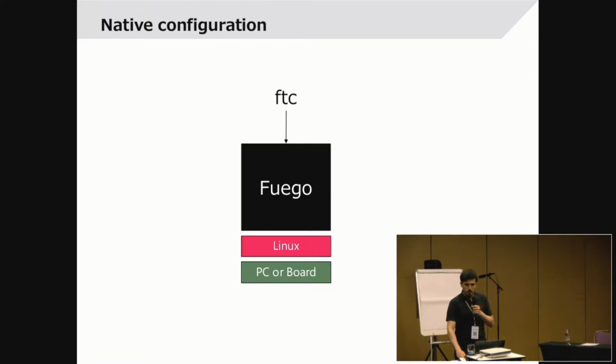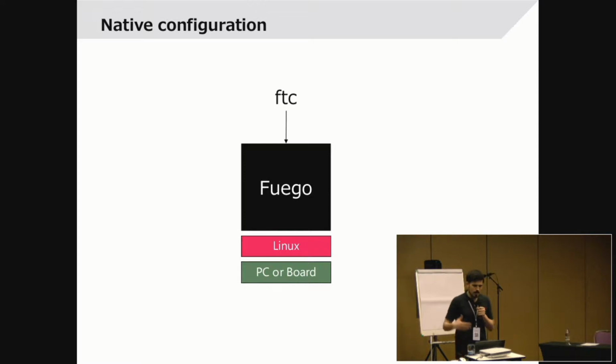Now, in the next branch, I forgot to say this. The materials that I'm going to show here are mostly what I call conference-driven development. Most of it was finished just a few hours ago, including the slides. This is in the next branch, so in the next release of Fuego it will be there.